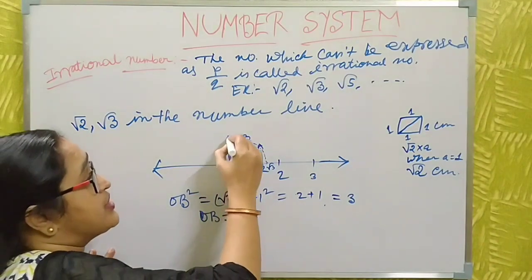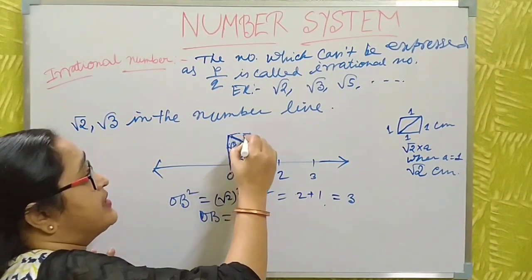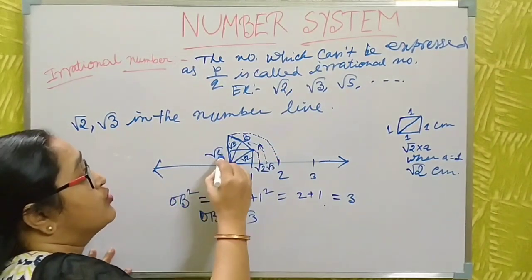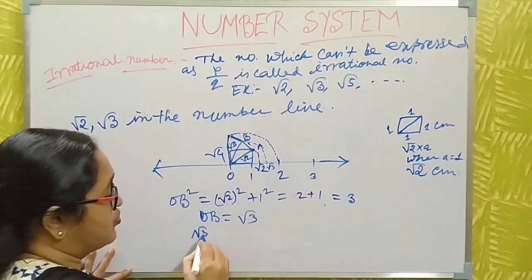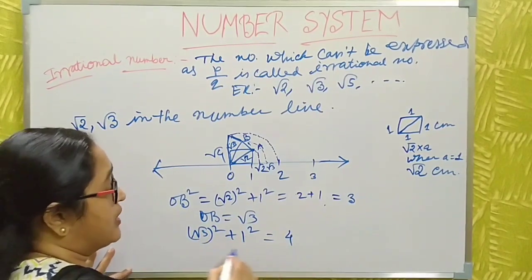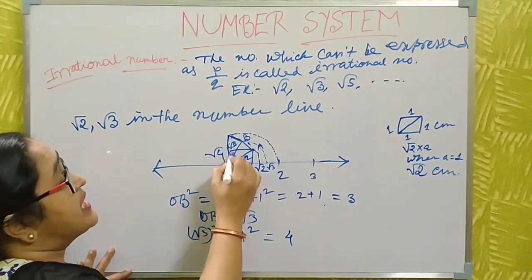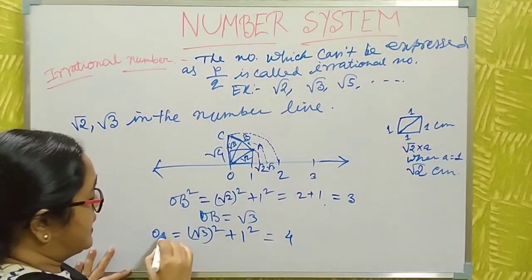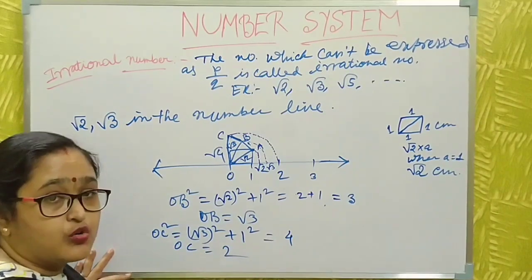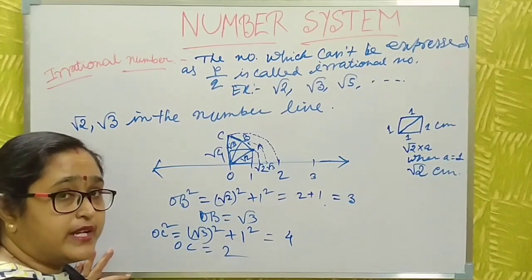By the Pythagoras theorem, root 3 squared plus 1 squared is 4. I name the point C. Then OC squared is 4, so OC becomes 2. Root 4 means 2.